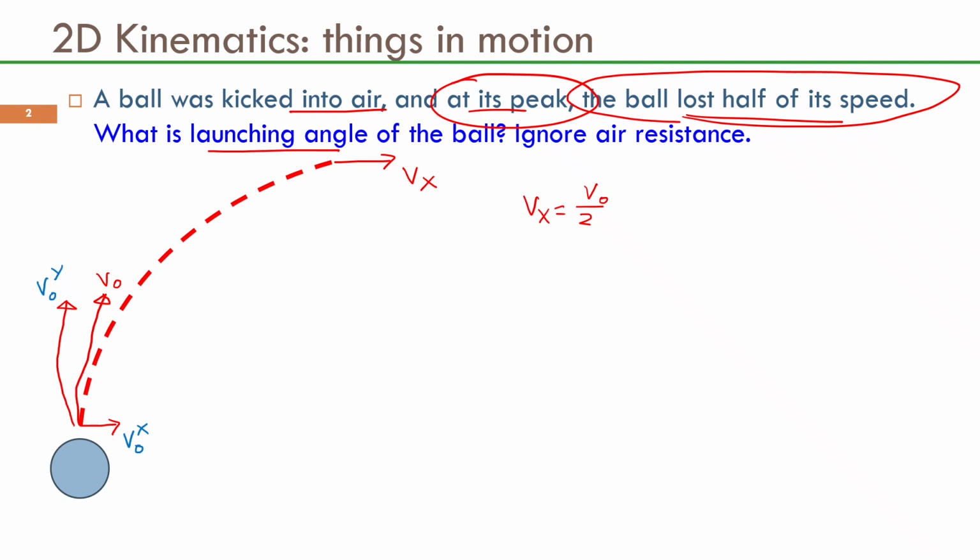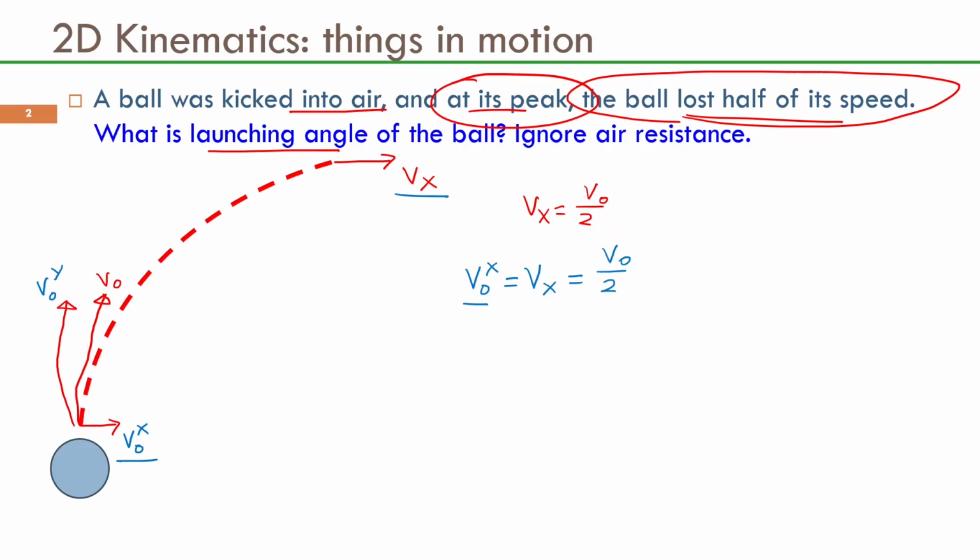Along the horizontal direction, the velocity does not change. In other words, my initial horizontal velocity and my horizontal velocity at the peak are the same. So I know my initial horizontal velocity also equals half v0.